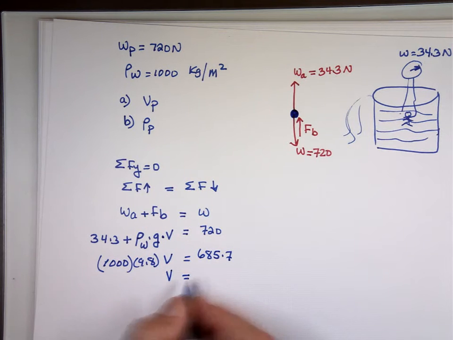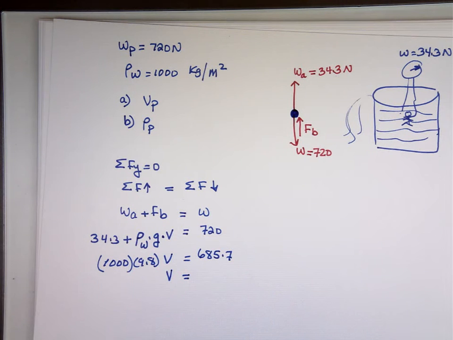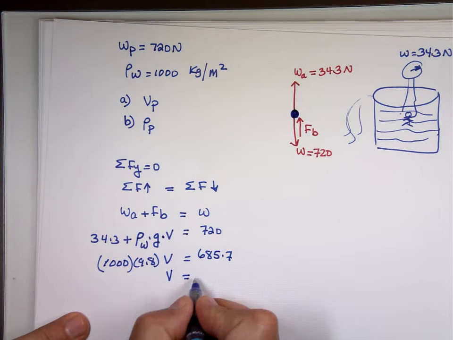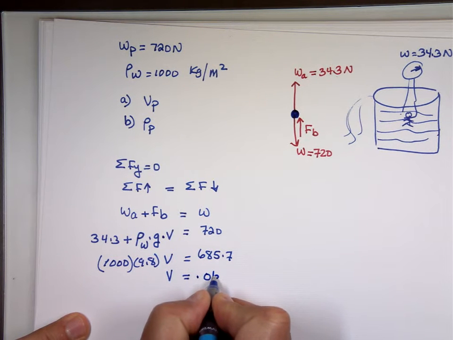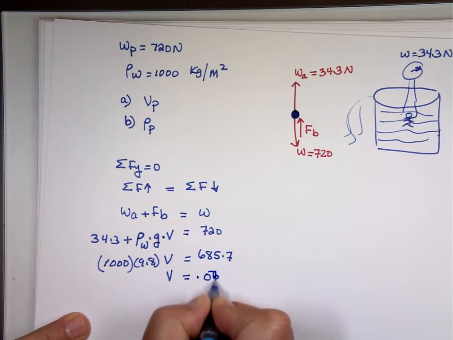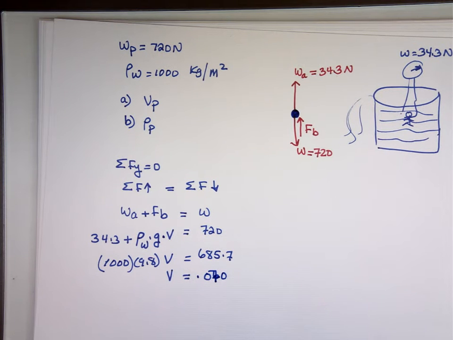That's the volume of the water that came out, which is your volume. We're replacing that by your volume. So the volume is about 0.070 cubic meter.